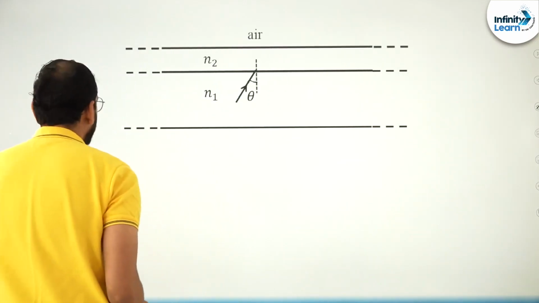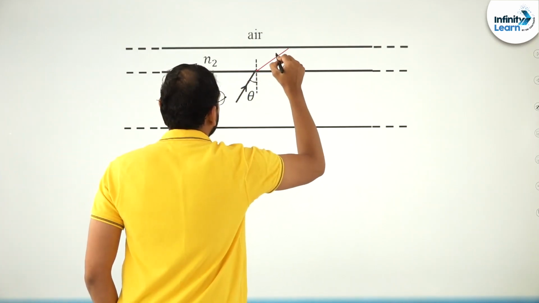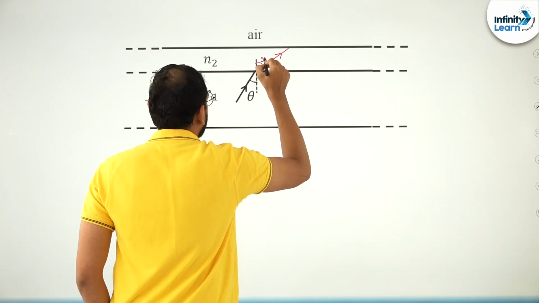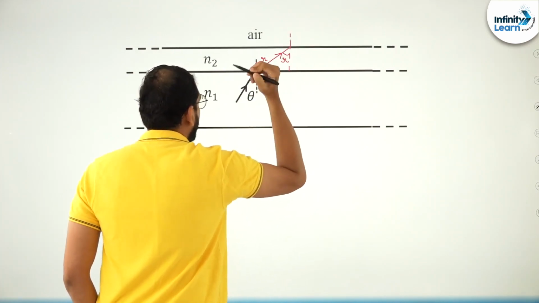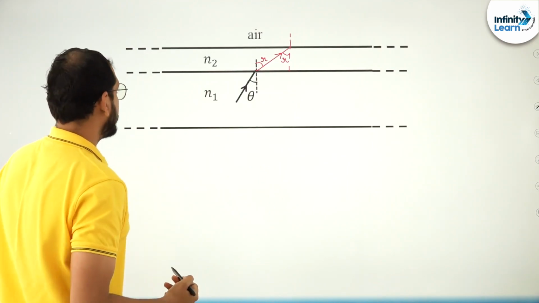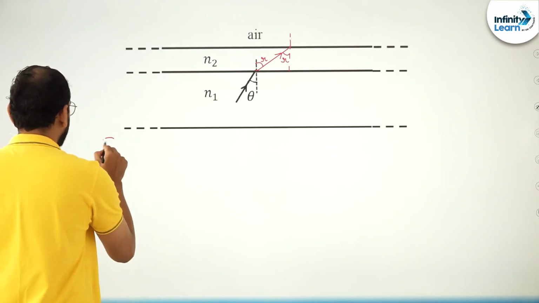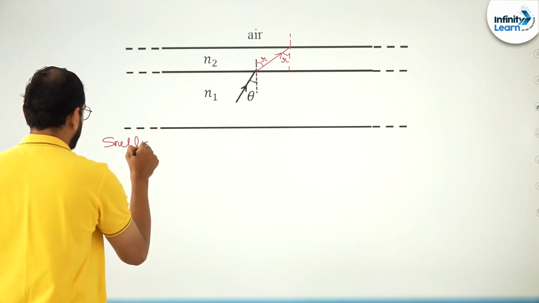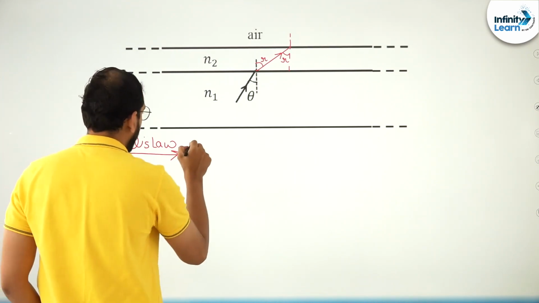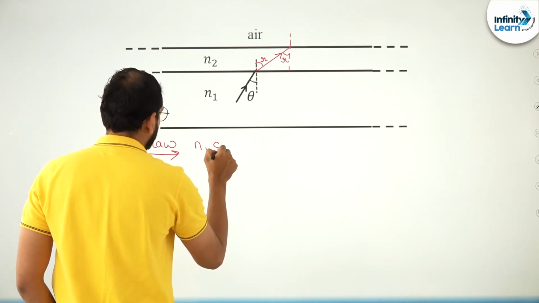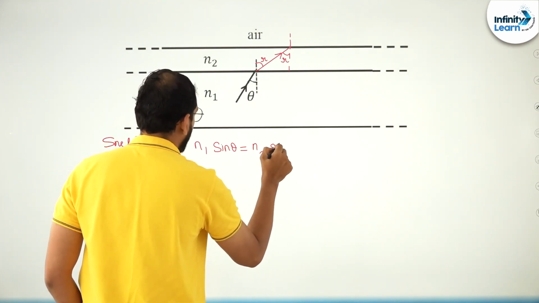We can say that if I apply Snell's law, refraction is going to take place. This will be some value small r. This will also be my value small r, that is my angle of incidence for the N2 air combination. So if I write down Snell's law, then I can say that N1 sine theta is equal to N2 sine r.